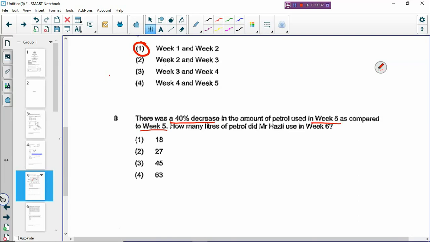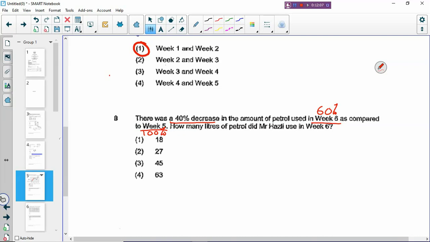So there was a 40% decrease in the petrol use in week 6, so week 6 must be 60%. Why? Because you're comparing week 6 with week 5. And week 5 must always start with 100% first before you can minus 40% to get your 60%. So this is what you need to do. When there's an increase or a decrease, you will have to start with 100% and recognize which is the 100%, which is week 5.